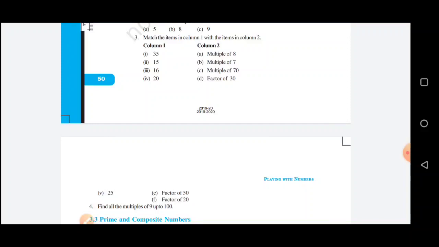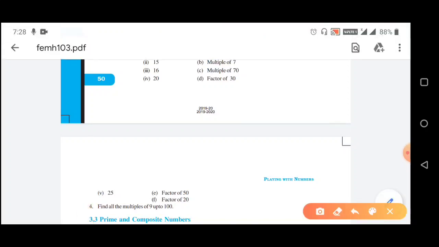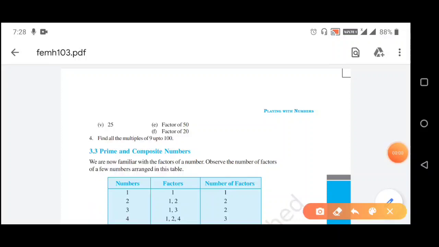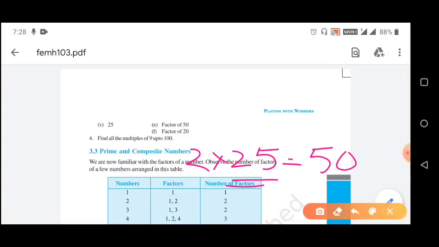We know every number is a factor of itself. So point number 4 will match with F. Next one is given 25. We know 2 into 25 is equal to 50. So from here we can say 25 is a factor of 50. So 5 will be matching with E.